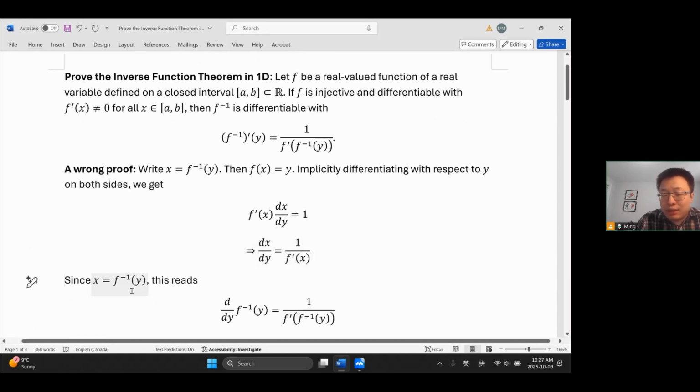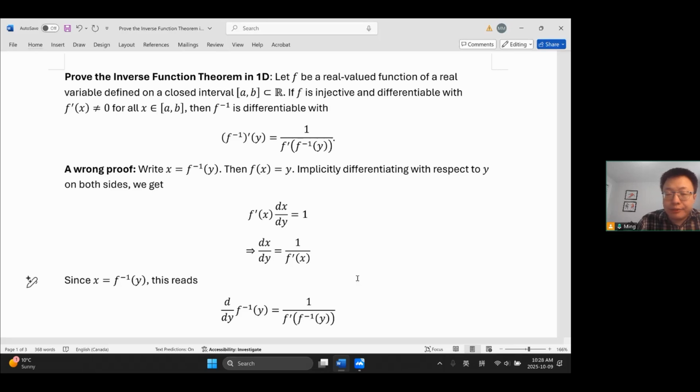And since x is f inverse of y, we can write the equation above as d over dy acting on f inverse of y is equal to 1 over f prime of f inverse of y. So it seems like we have obtained the result that we wanted, but this is a wrong proof.